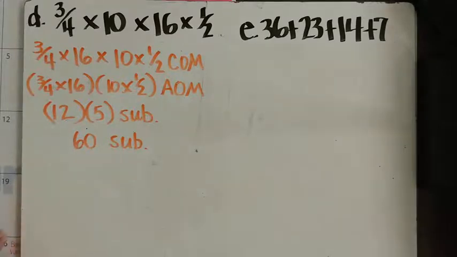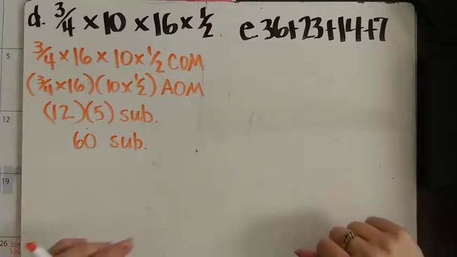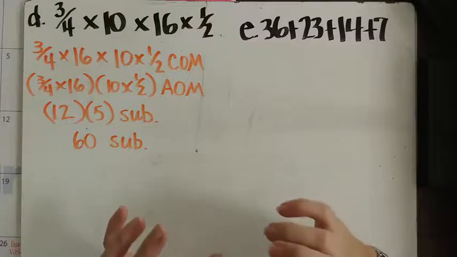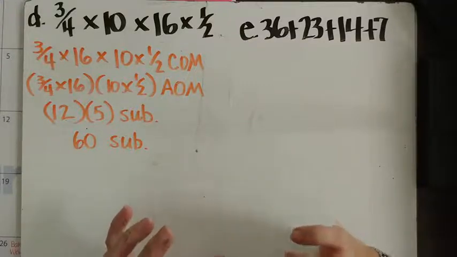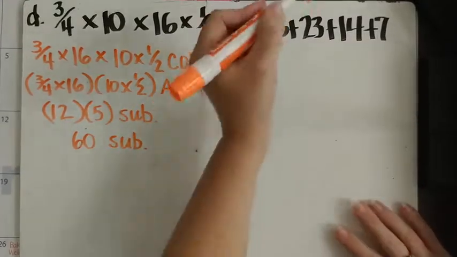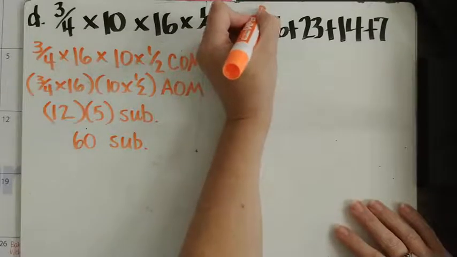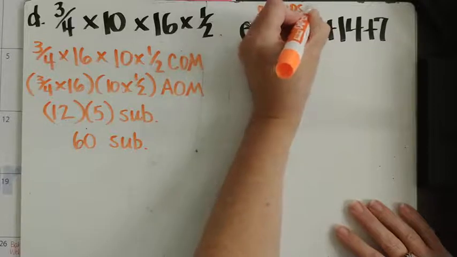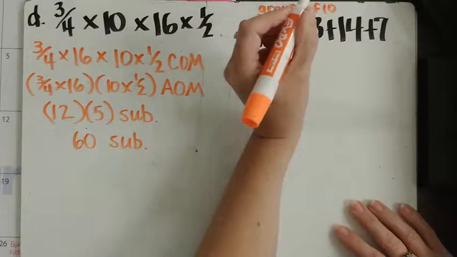Now let's look at part E. We have all addition in part E. So we want to think about associative and commutative properties. You want to rearrange these so that you can make groups of 10.